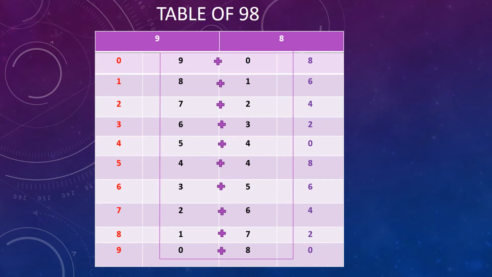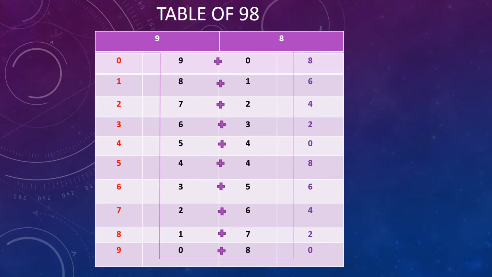So 9, 18, 27 and so on, and the table of 8: 8, 16, 24, 32 and so on. I wrote till 10. First and last, you need not touch these two columns. We will take only the two internal columns, the second column and third column.